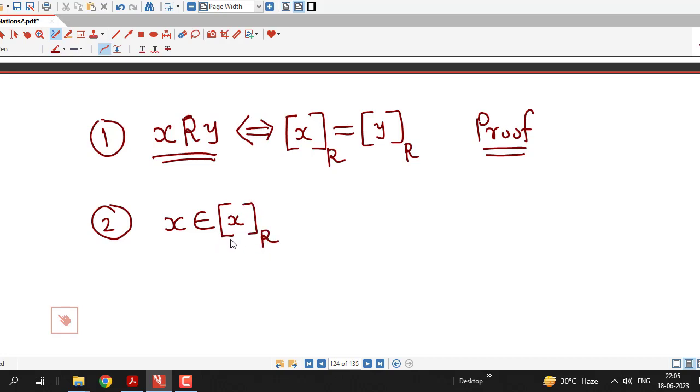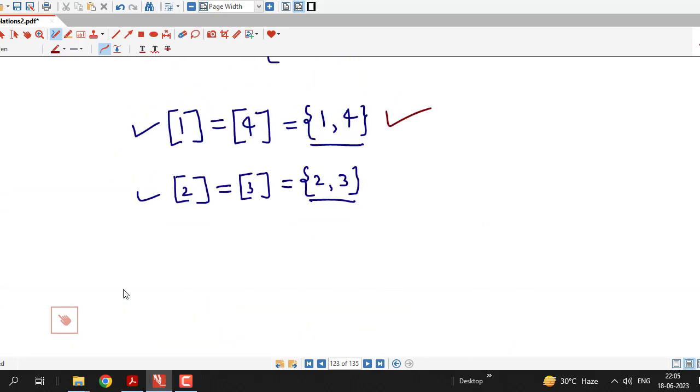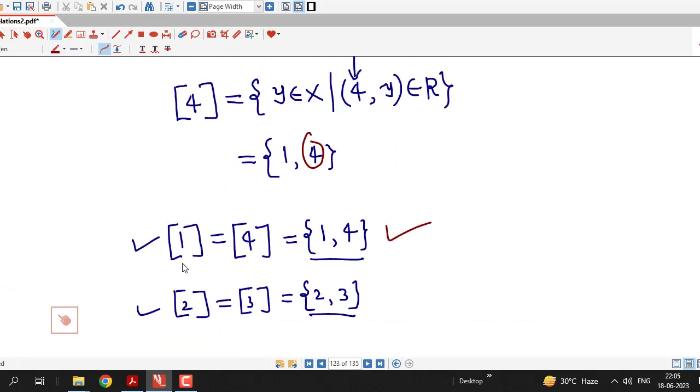X belongs to the equivalence class generated by X, and we can see that here I have 1, 2, 3 and 4, and the equivalence classes generated by these elements are {1, 4} and {2, 3}. If we take the intersection of the equivalence classes generated by 1 and 2, then we have the empty set.